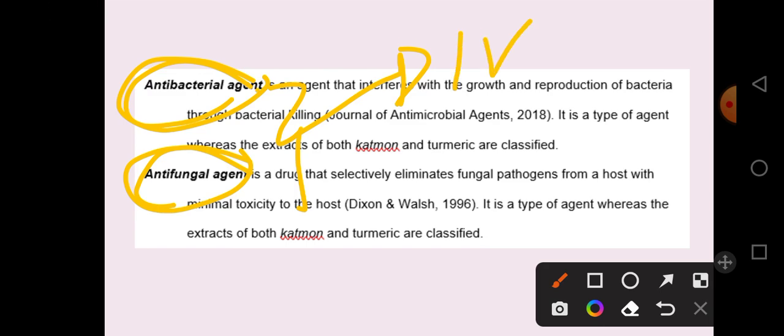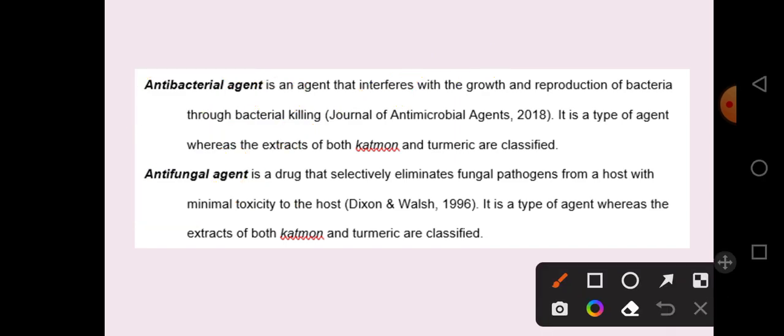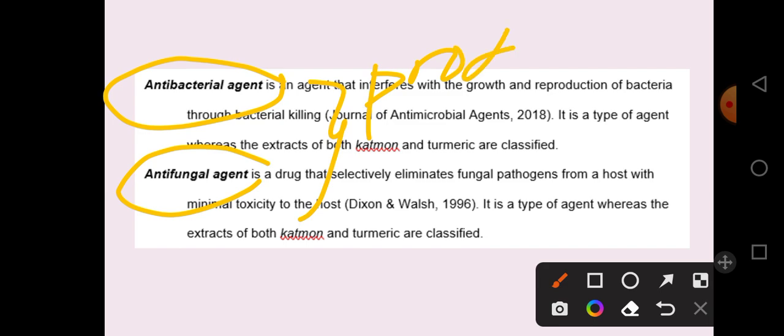And it is actually mentioned several times in our research paper. So, meaning to say, class, how can you classify antibacterial agent and antifungal agent based from our first lesson? Okay, so these are the products of the study.